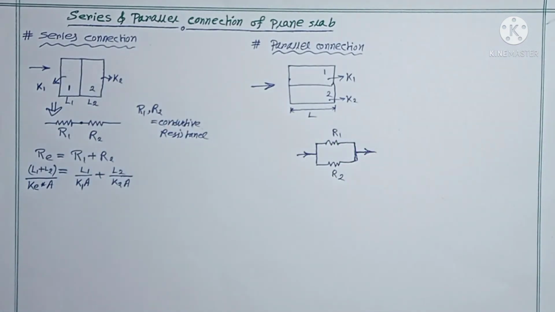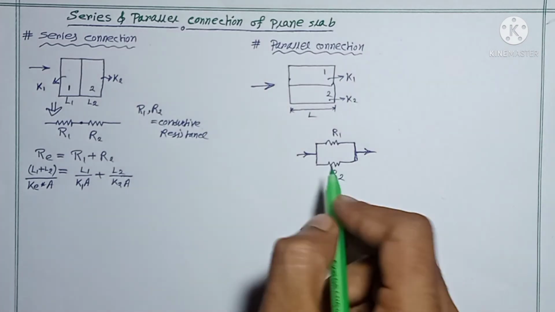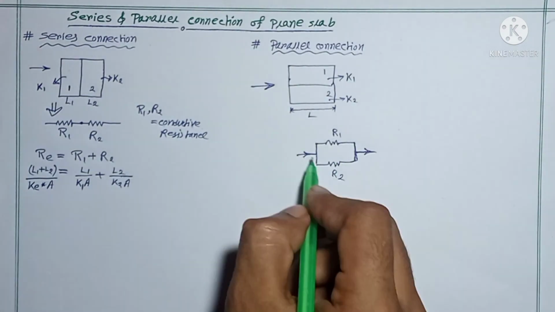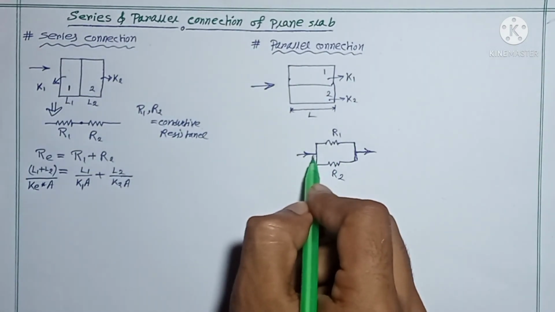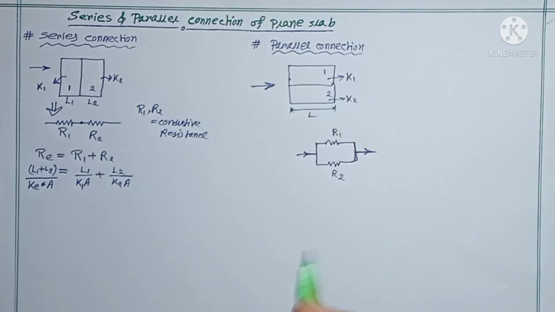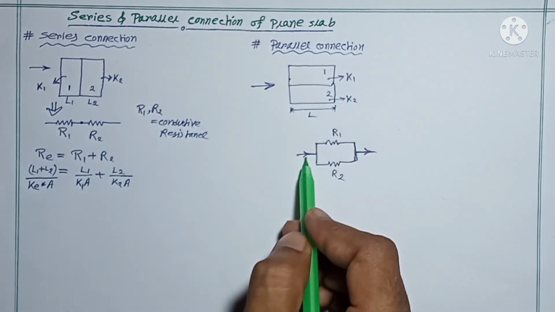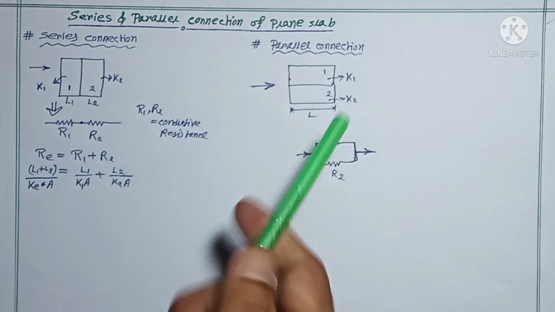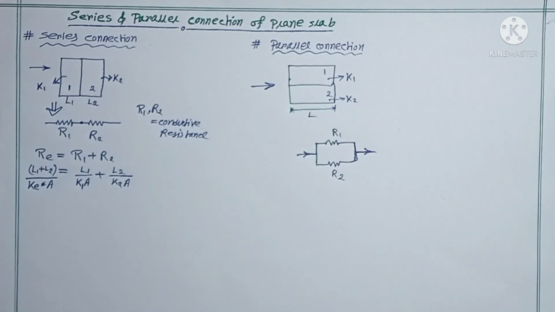Now in this case, I already told that in case of series we can concentrate more, because one after another, this is one after another. But in case of parallel, the direction of heat flow in both is the same. Whatever the amount of heat flowing through both 1 and 2, the concentration is less.